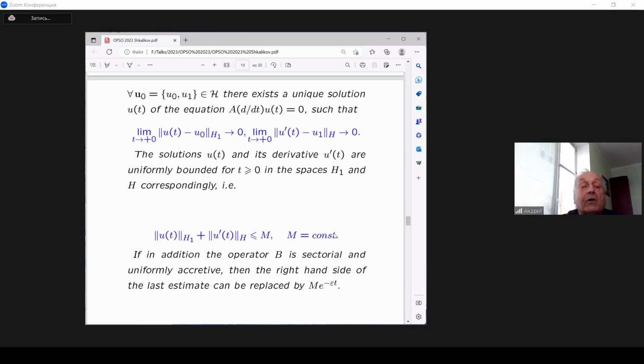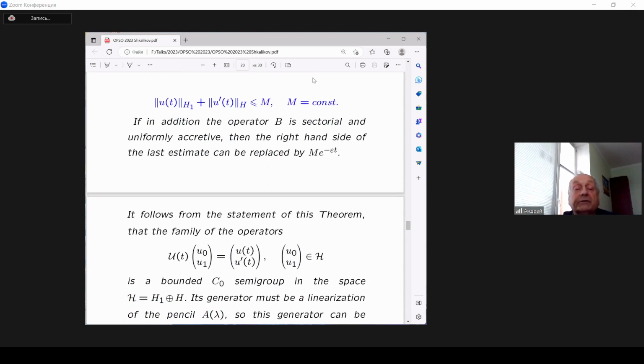Then for all initial data, there exists a unique solution u of t of this equation such that these conditions hold, and the solution u of t and its derivative u prime of t are uniformly bounded for t greater than 0 in the spaces H1 and H correspondingly. It means the following, the estimate does hold.